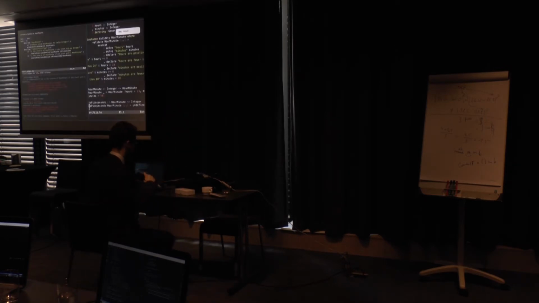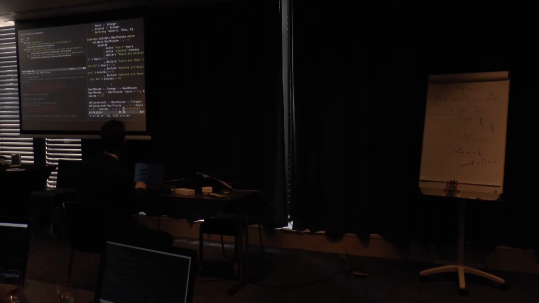So that would be something like hours times 60 plus minutes, and then do all of this times 60, then you get seconds, and you do another times 1,000,000,000,000. That's picoseconds. Voila. Okay. Well, nothing started succeeding, of course.